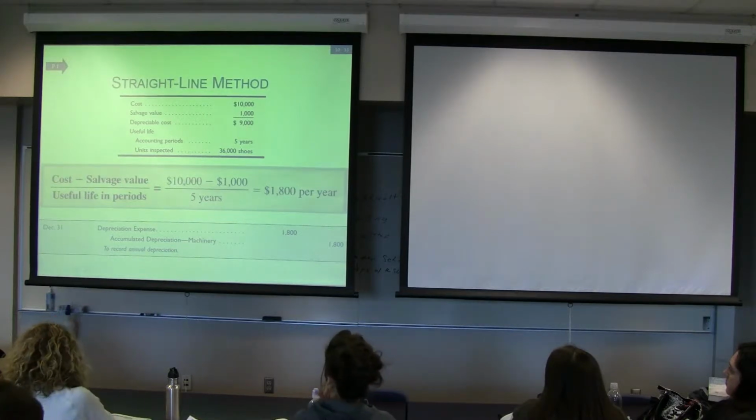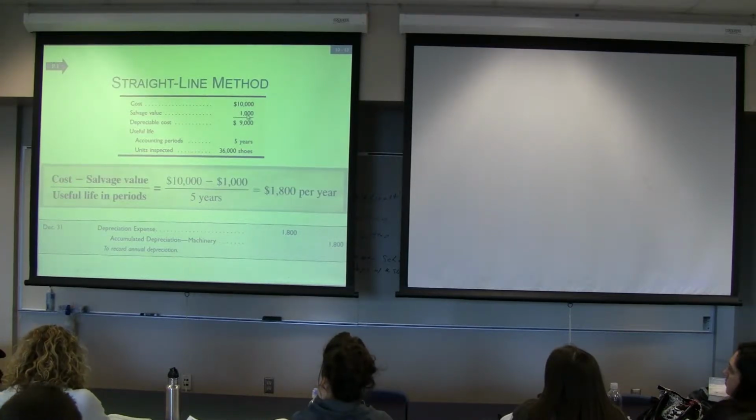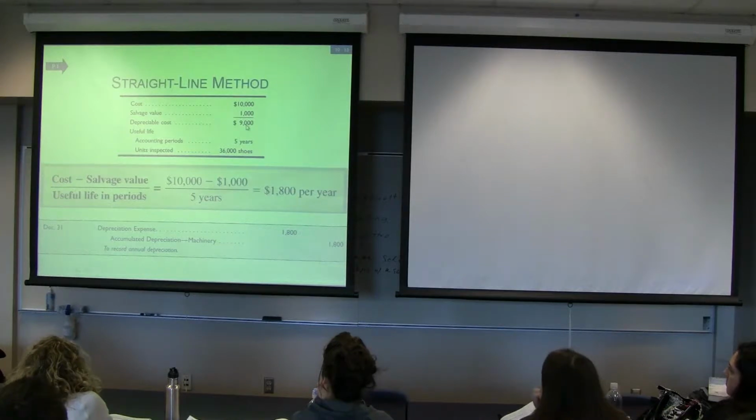So 10,000 minus 1, okay, comes out to be the 9,000 as the depreciable cost. So they paid 10,000 for it. They expect to sell it for 1,000. They expect to lose 9,000 over its useful life of 5 years.